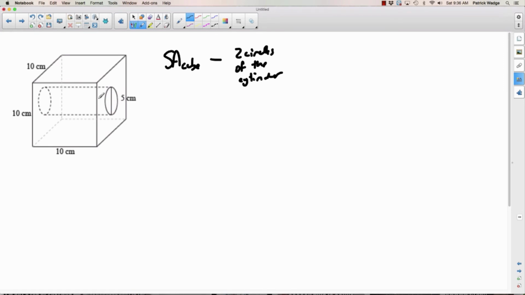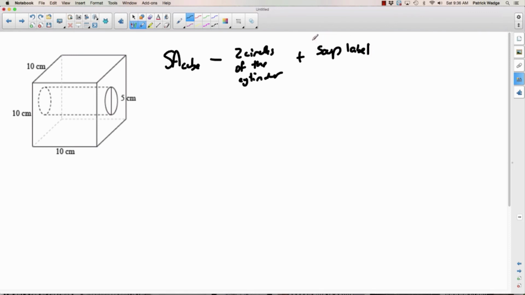It's just air. But you could definitely reach in and paint the inside of the cube in this cylinder shape. So that's a new face that can be painted. It's a new face that's exposed. So you need to add on, what did we call that? We called that the soup label, or the toilet paper roll, or the lateral area is really what it's called.